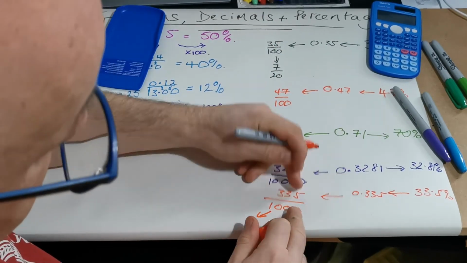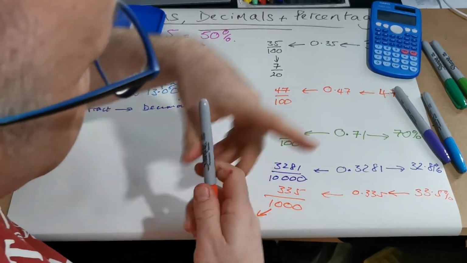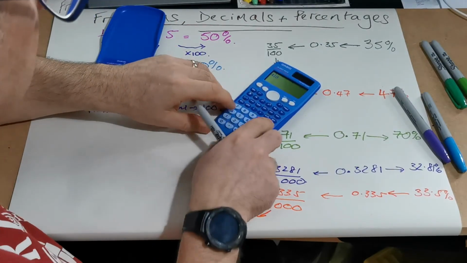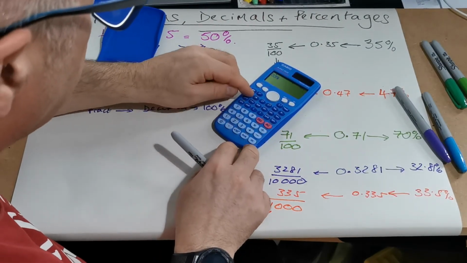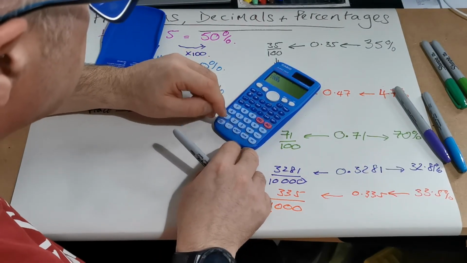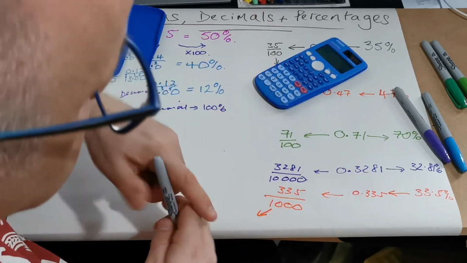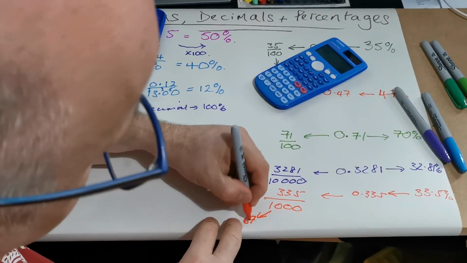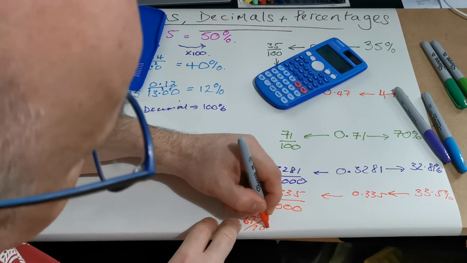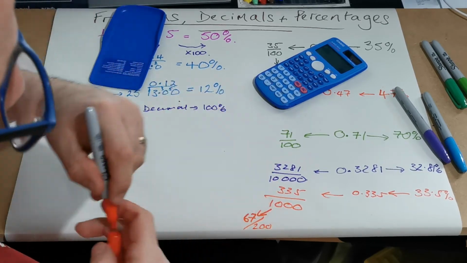I know that can cancel down because of ending in 5s and zeros. That's in the 5 times table. So I've got 335 over 1,000, which is 67 over 200. So use that fraction button because that will cancel things down for you.